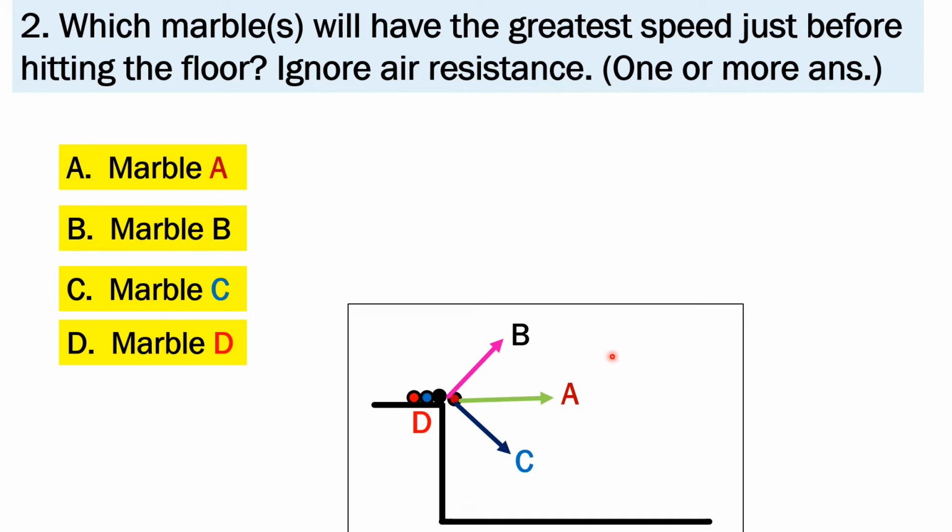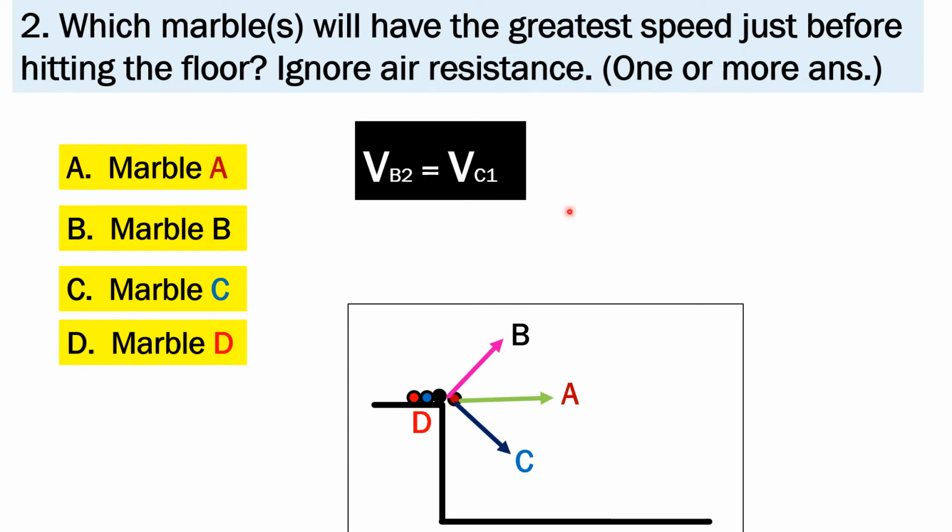So how do we start? We say that the speed of marble B as it goes up and then comes back to the same level, the speed of marble B when it comes back to the same level from where it was launched, is labeled as V sub B2, meaning its second position, considering that the initial is V1.